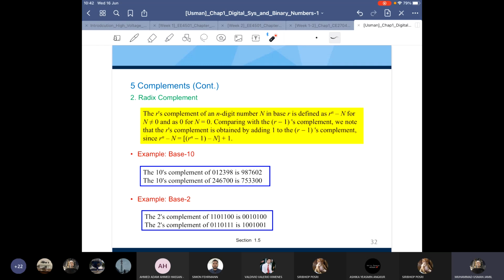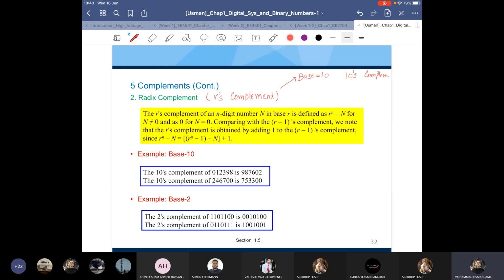So what is the radix complement? It is called the R's complement. It means that if the base for the digit is 10, we are trying to find the tens complement.